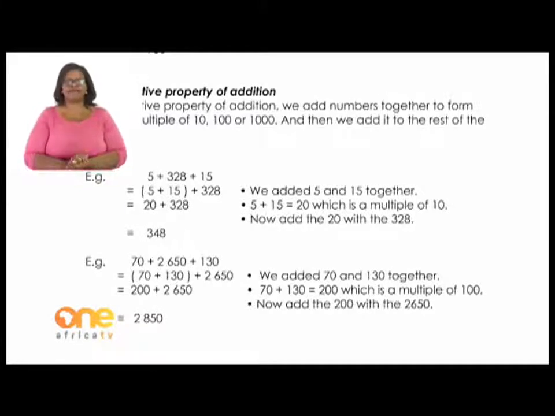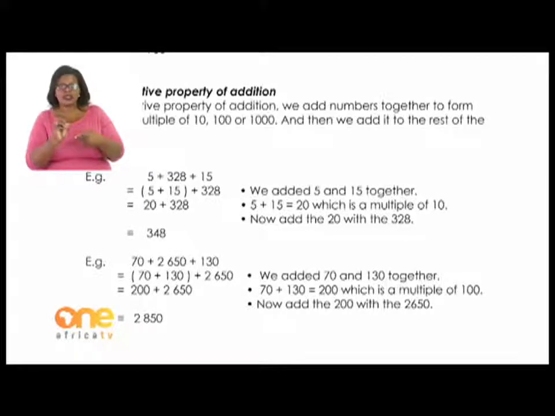So now we want to try another example again. Chanel says yes. So let's try another example. 70 plus 2,650 plus 130. So we have to find numbers which we can group together to either give us a multiple of 10, 100 or 1,000. So we go back to our example and we see, let's group 70 with 130.